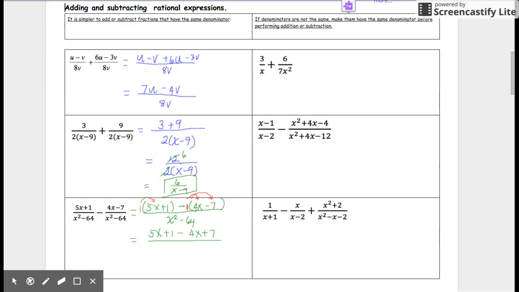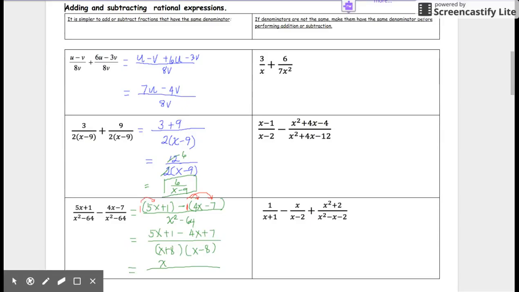Now it's good to factor the denominator if it is factorable. Now we see that this is a difference of two squares. So I can factor it as (x plus 8) times (x minus 8). So now we'll have here 5x minus 4x is x.